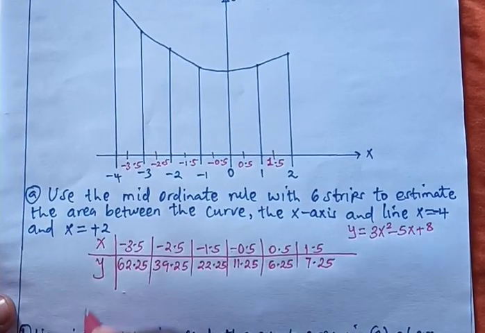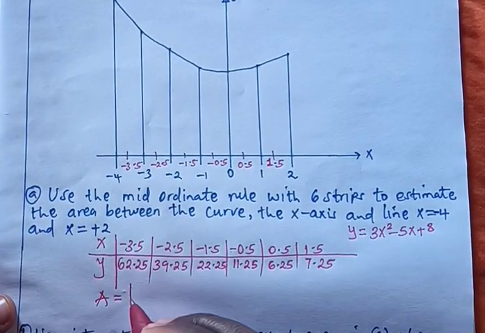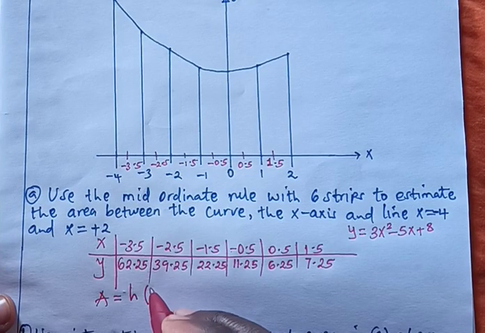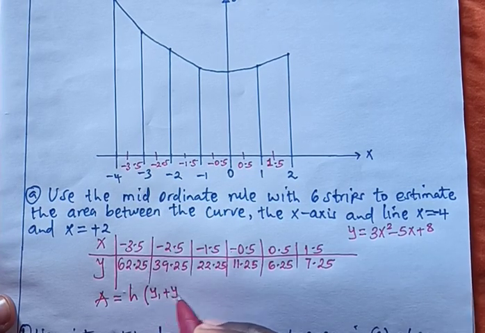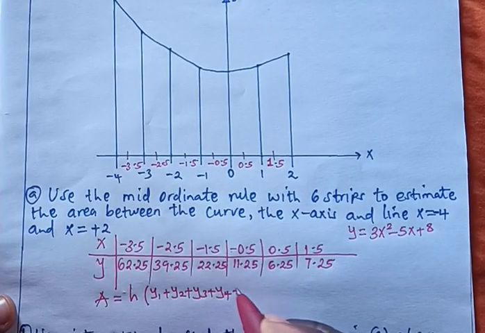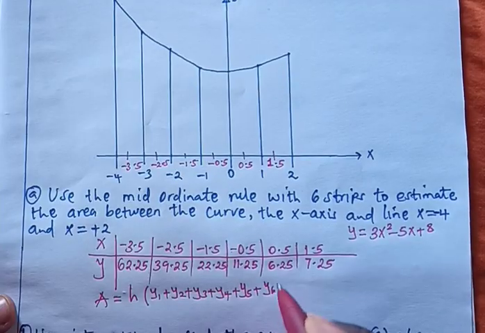Now the next thing is to write the formula of the mid-ordinate rule. We must have the height, which we multiply by the sum of these middle values, that is y1 plus y2 plus y3 plus y4 plus y5 plus y6.